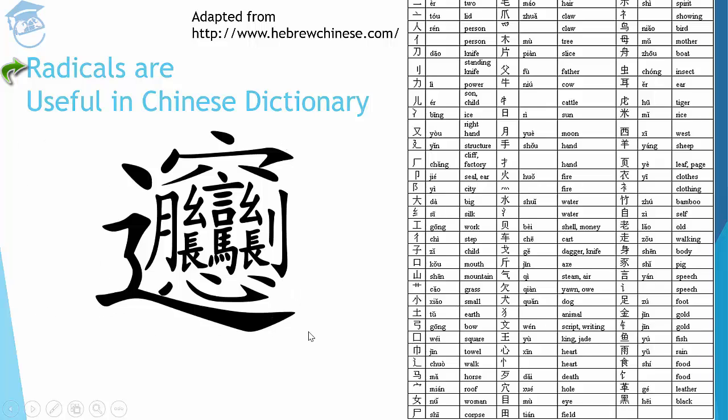So let's start by examining from the outer enclosure. This one, the radical is right here. And if you look into this inside part, there is this one, which is right here.